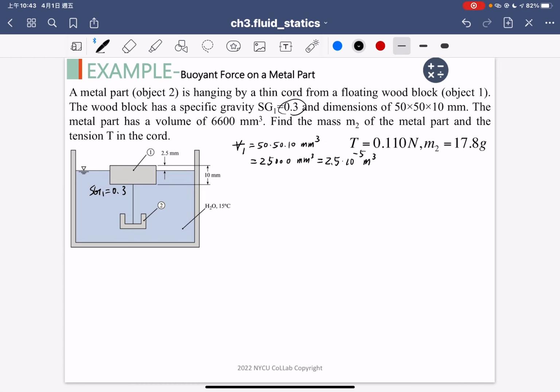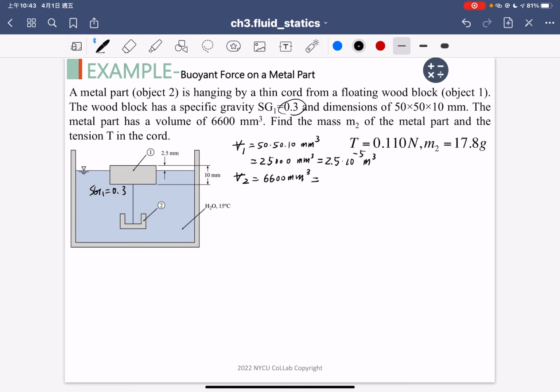And the metal part, object 2, is the metal, and the volume is equal to 600 cubic millimeters.